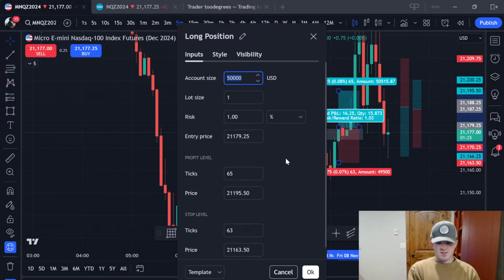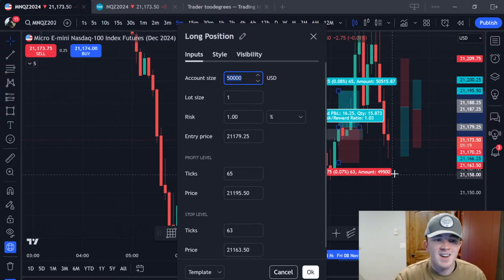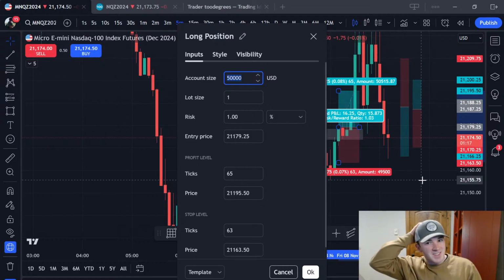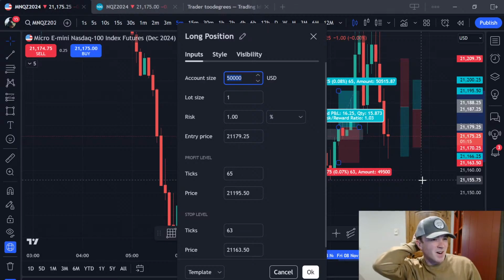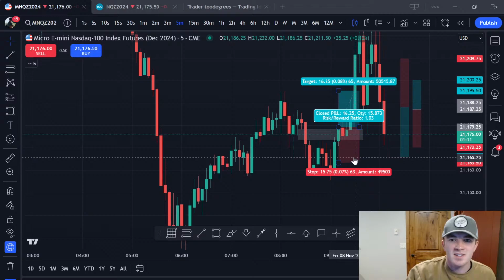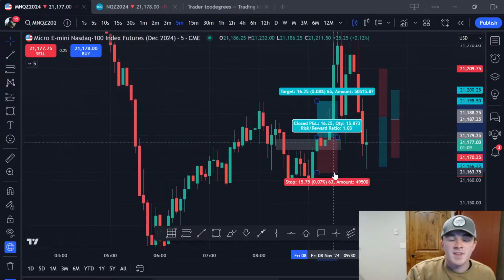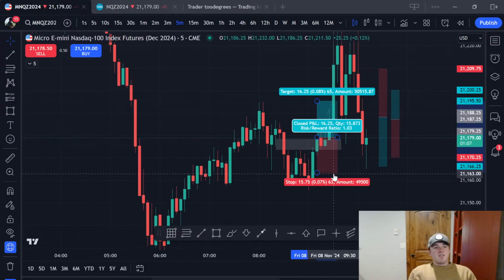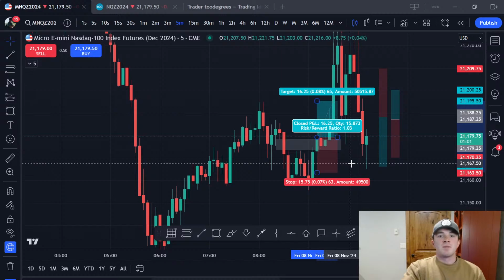That's so nice, though. Yeah, it is pretty cool. I'm so glad we figured this out, because now I can just do it automatically whenever I'm entering a trade. I don't have to actually calculate it. That's going to help me so much.